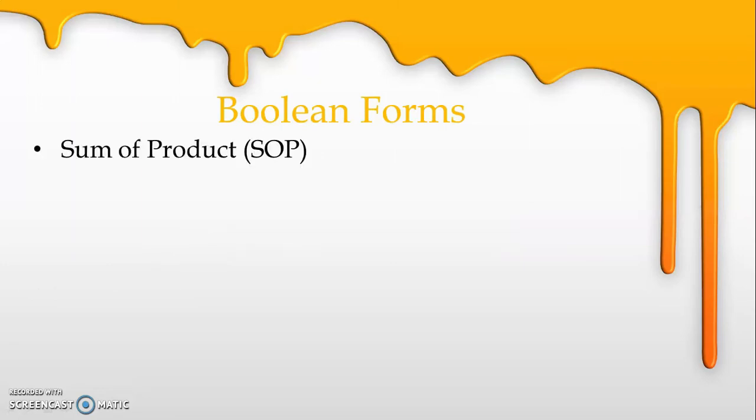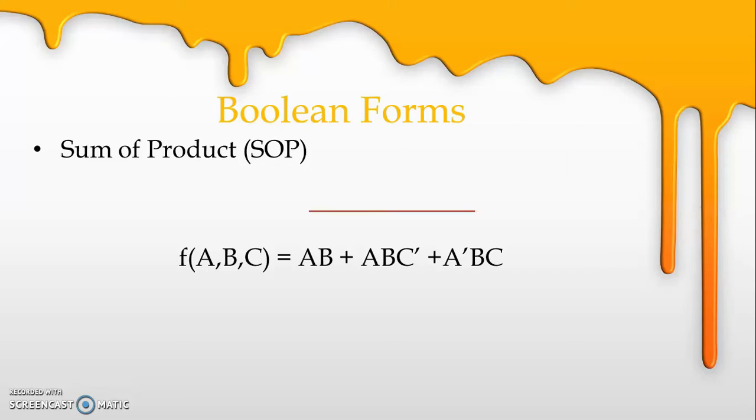Now let us see sum of product. We have one Boolean function represented as a Boolean expression in sum of product form. Here we have the products A dot B dot C bar, A bar dot B dot C, and so on, and these are all known as product terms. All the literals in a product term are connected with the AND logical operator.